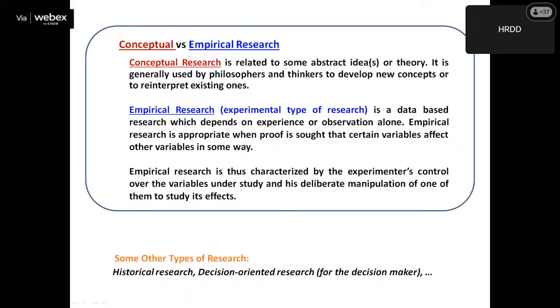Empirical research is appropriate when proof is sought that certain variables affect other variables in some way. Empirical research is characterized by the experimental control of the variable. So I have control over the variable, and deliberate manipulation of one of them to study its effect. As I was telling you, in a synthesis method where I am doing a hydrothermal synthesis, temperature is a variable.